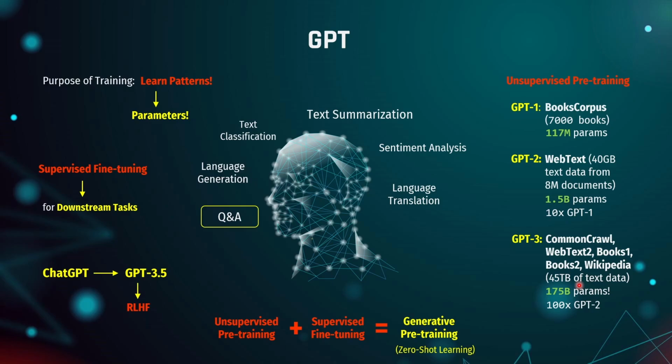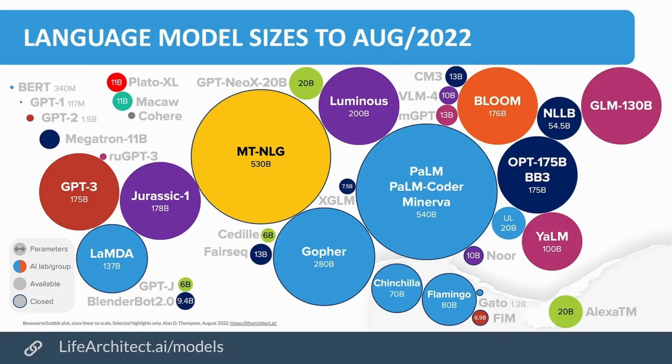Because it was trained on a vast amount of human language from which it identified patterns, and it uses those patterns to produce amazing outputs. And is GPT the only model that does so? If you visit this particular website, livearchitect.ai, they present a beautiful comparison of all the different large language models in terms of their parameter size.